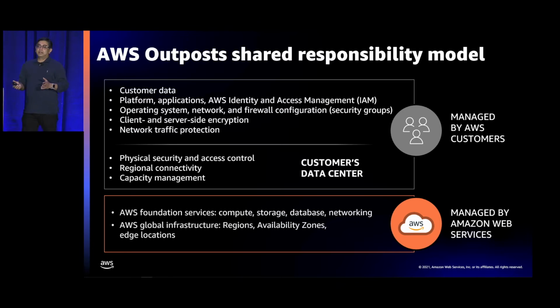The second aspect is the networking. As I mentioned, in the AWS Region, we are responsible for making sure that there is network connectivity and it's always on. If something goes down, we are responsible for keeping it up. Here, Outpost is working on the customer's network. So you're responsible for making sure that there is always a network connected to the Outpost.